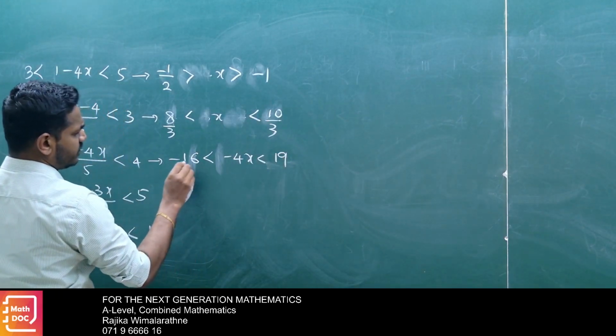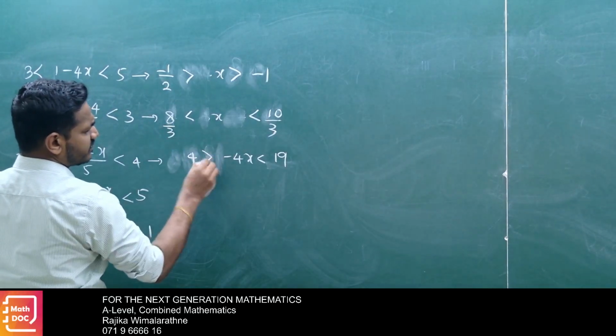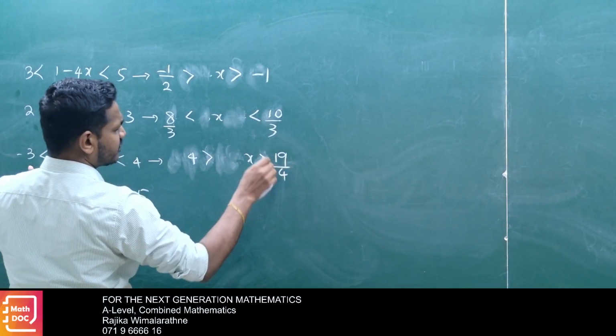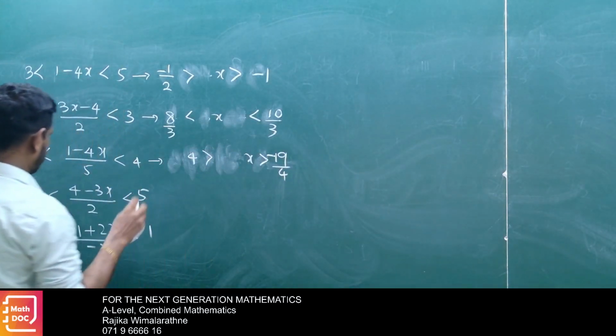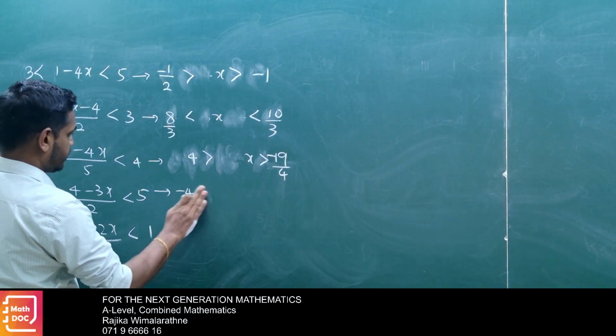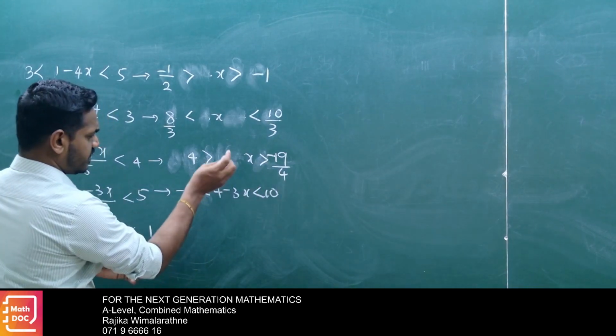Divide by -4. Multiply by 2. Subtract 4.